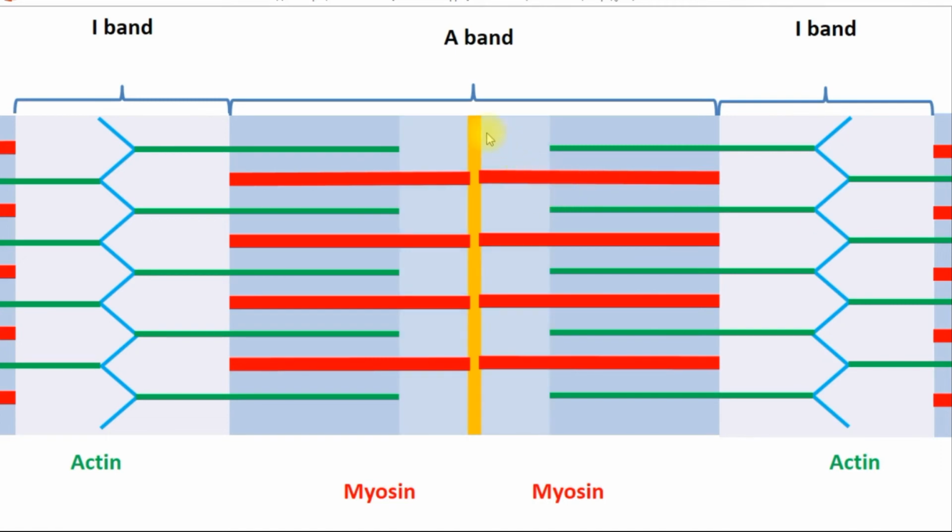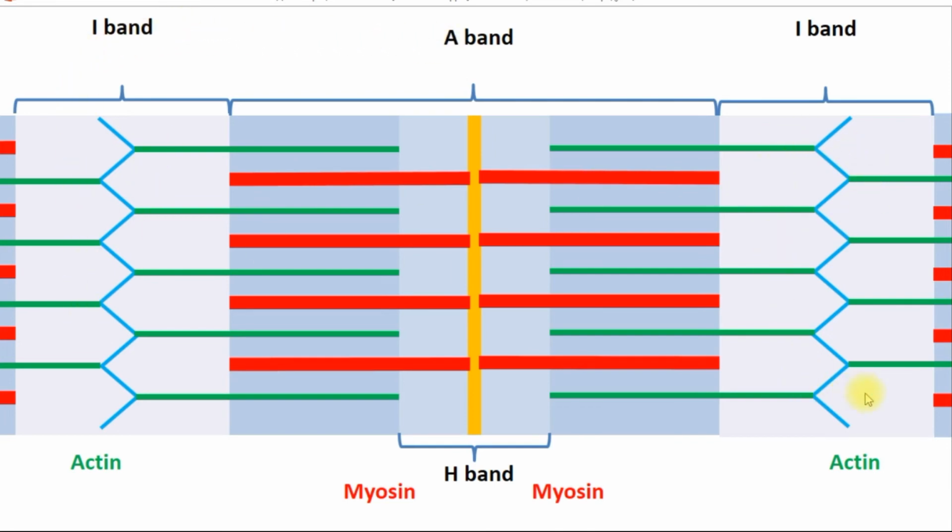And also we have a small region near the midline, near the M-line. It's the H-band. The H-band corresponds to the lighter part of the dark band, where only myosin is present. So it's the H-band inside the A-band. Probably it's difficult to remember the first time, but try to understand.